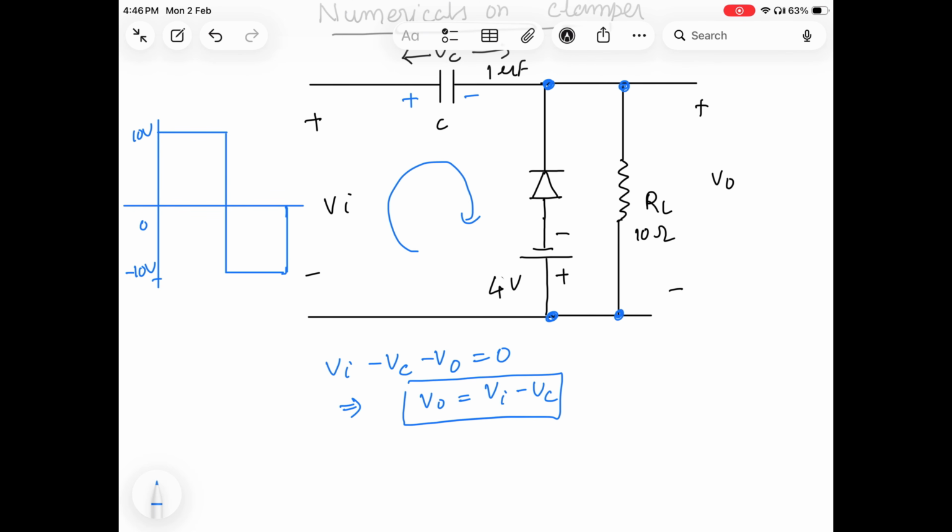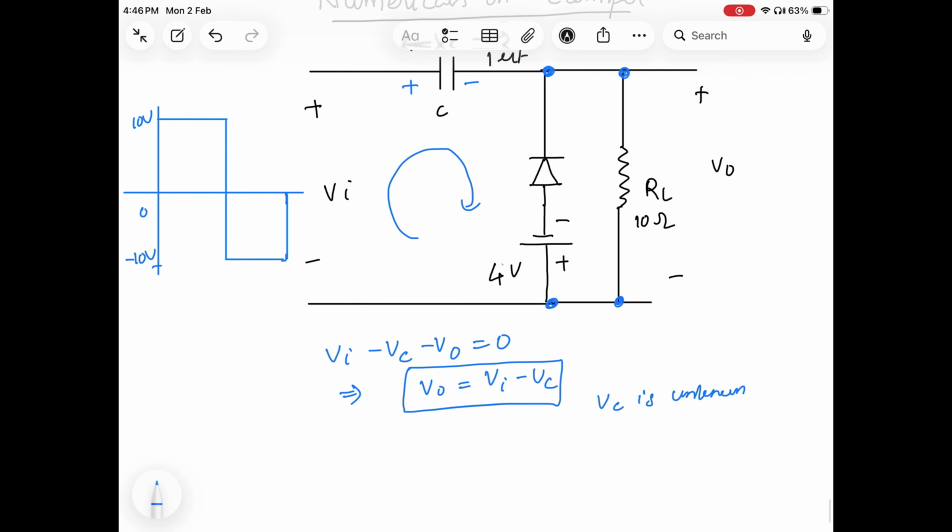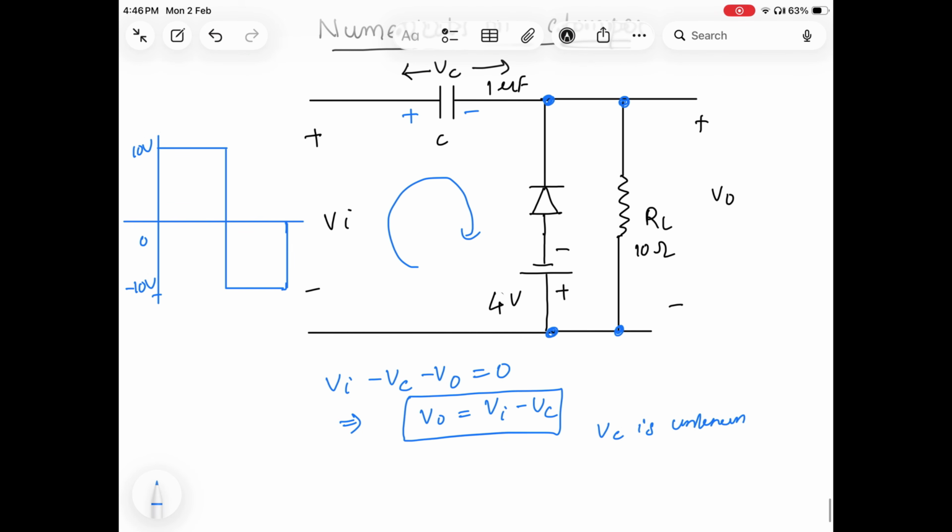As in every problem, we have to calculate Vc, that is the voltage drop across the capacitor, which is unknown to us. I already told before, when the diode is forward biased, at that time only the capacitor will charge.